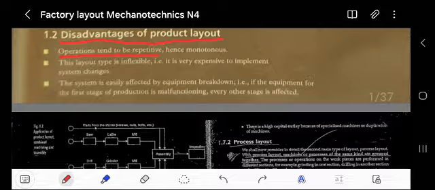This layout type is inflexible, e.g., it is very expensive to implement system changes. Remember the system changes. In China, they've invented electrical cars. Here in South Africa, we're still behind. We are not evolving fast. We're still using petrol cars, diesel cars.